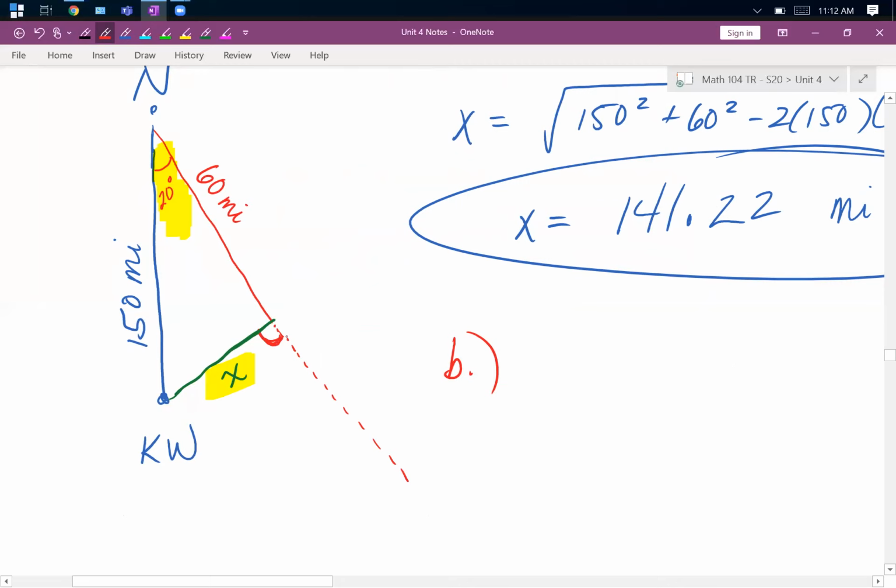So what we want to do is find this angle that is inside of our triangle, and then the angle that we need to turn is going to be the supplement to that, because if I extend that red line, I have a straight line. So we'll start with finding that inside angle, and then the supplement will be our turn angle.